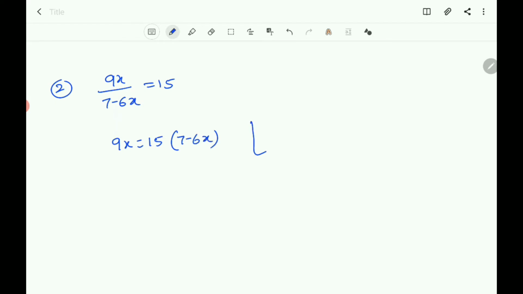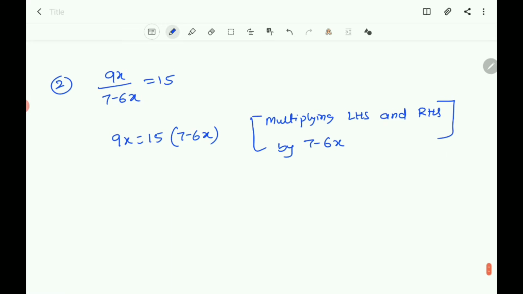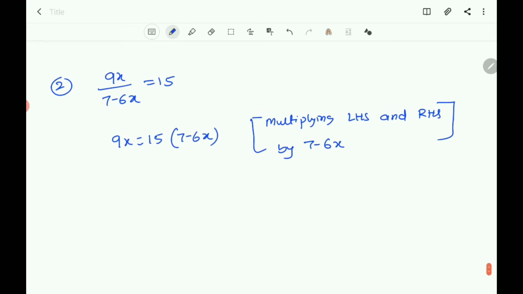So what you have done here? Multiplying LHS and RHS by 7 minus 6x. It means 7 minus 6x is transferred to RHS here.